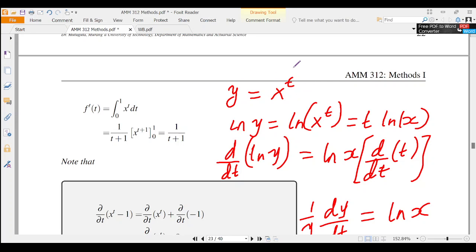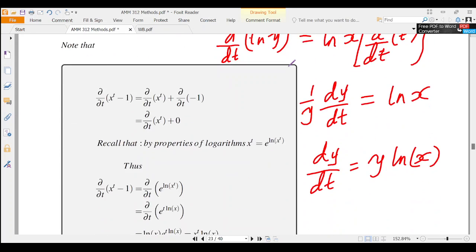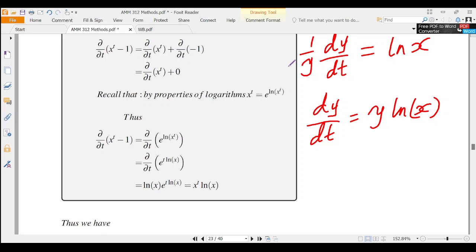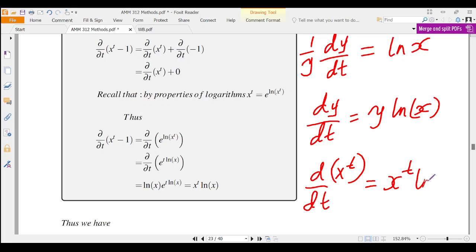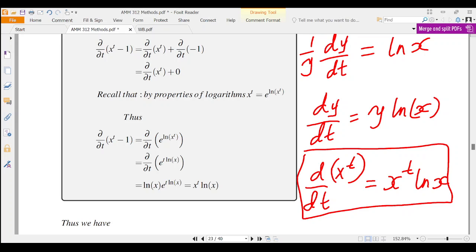And so we can substitute and write that the derivative with respect to t of x raised to power t is equal to x raised to power t times logarithm of x.